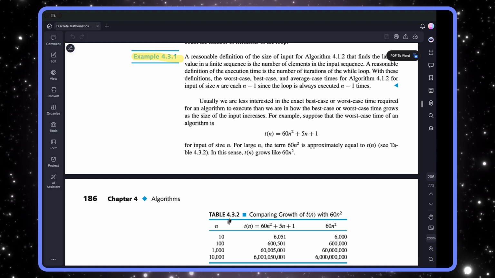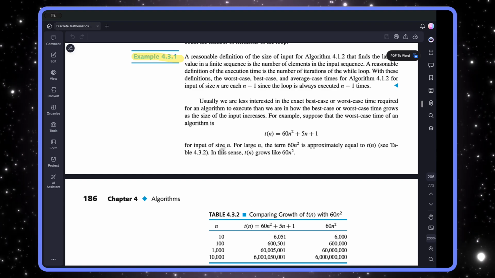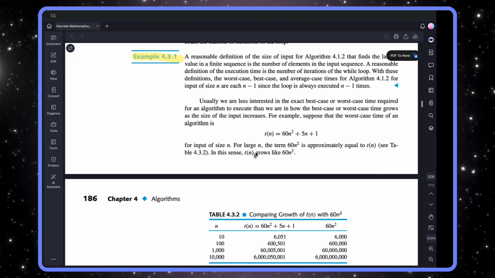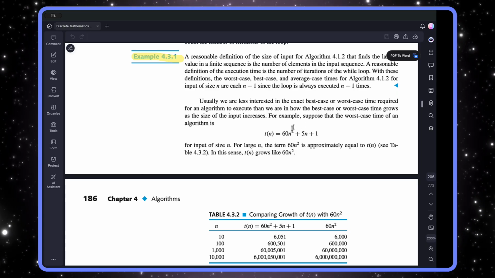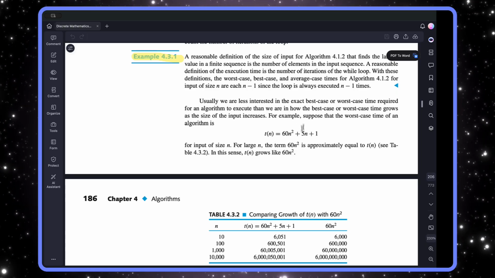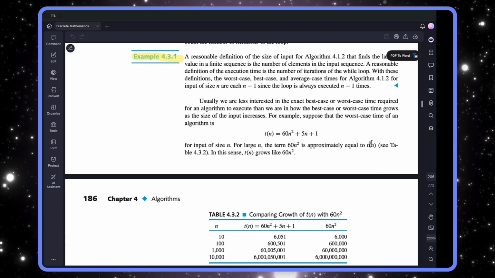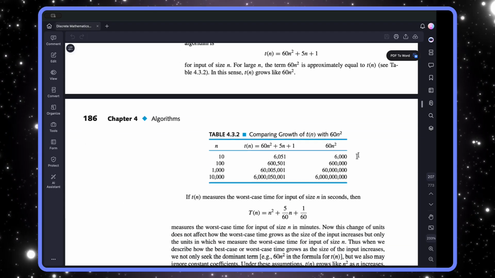Let's look at this table down here. For large n, this term, 60 times n squared, is approximately equal to T sub n. So let's take a look at that.